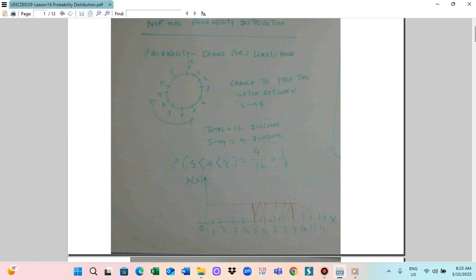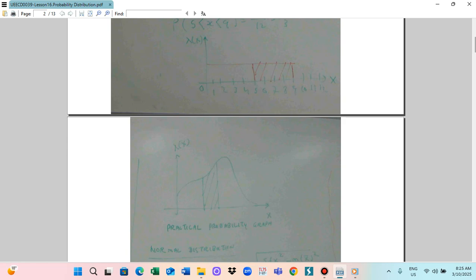Between 12, you stop between 5 to 9, so we draw that as 5 to 9. This is a 5 point and a 9 point, and we draw the shape. So this is a probability graph. This graph can change between the 5 to 9. This is just an example.